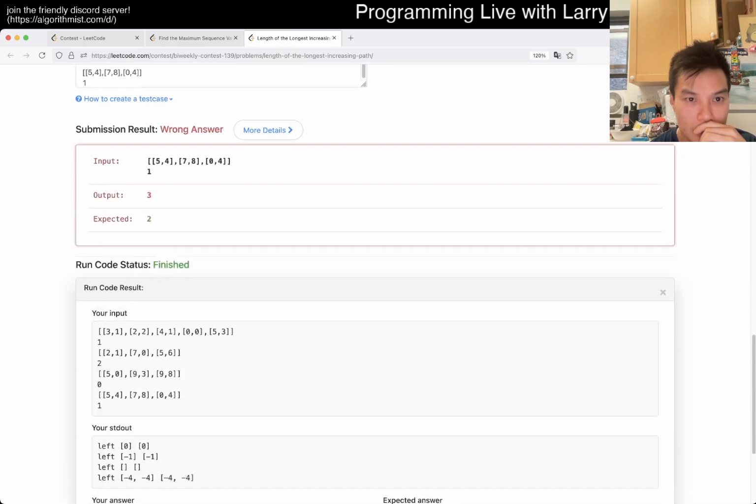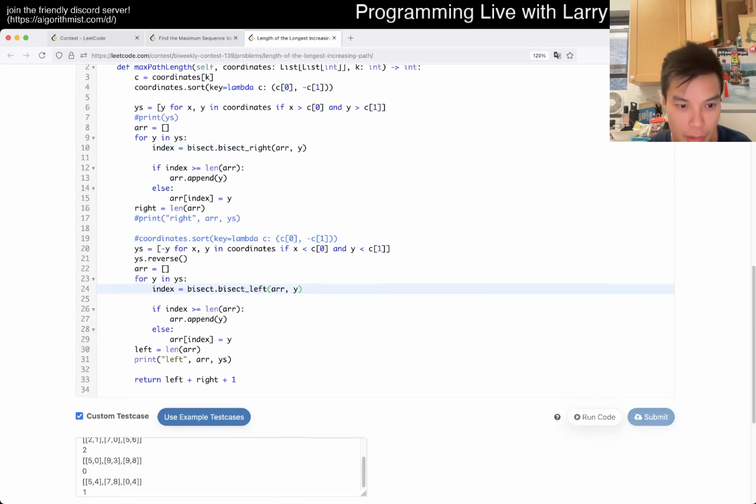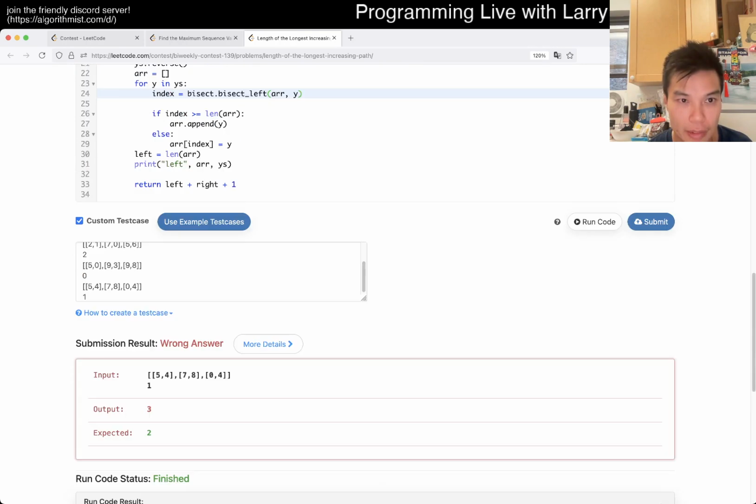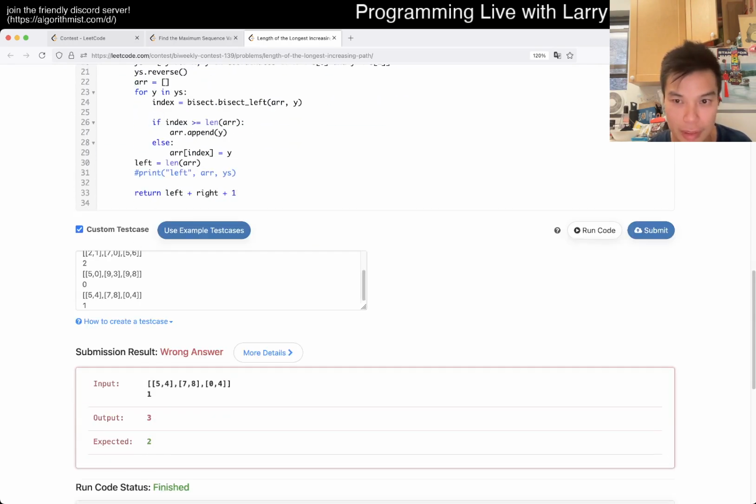No, I mean I think we're doing right. Bisect right, right? Is it bisect left? Because if it's the same, we do the same. Okay, yeah, I was wrong on this one. Yeah, bisect left. I thought I needed the next one. I'm thinking too silly. Okay, let's regroup.